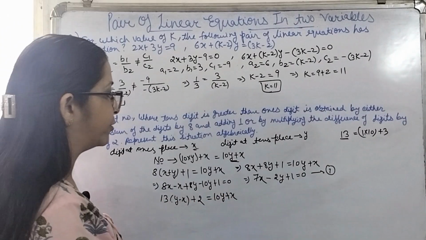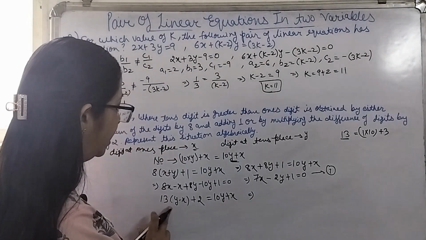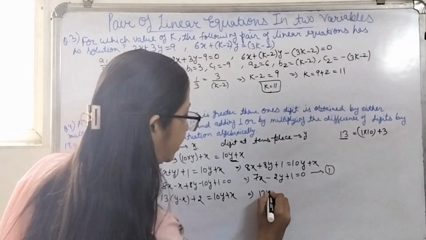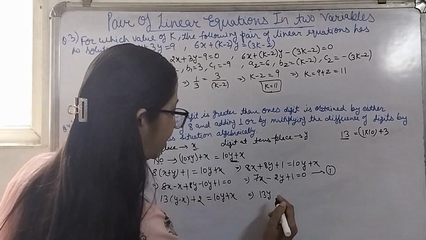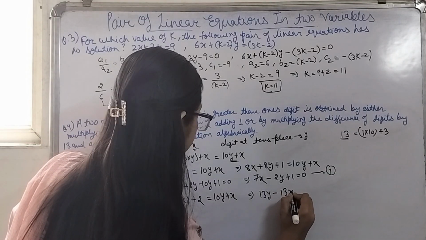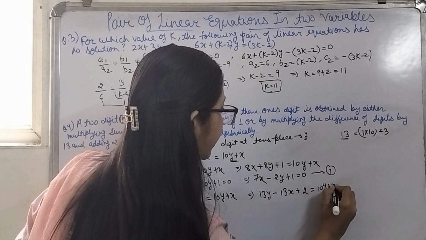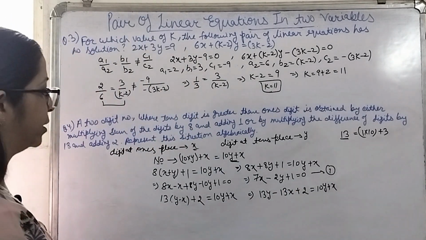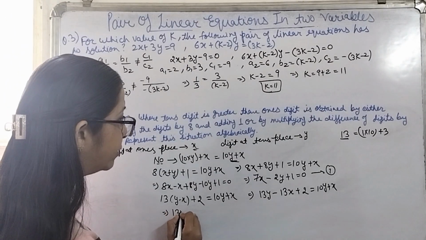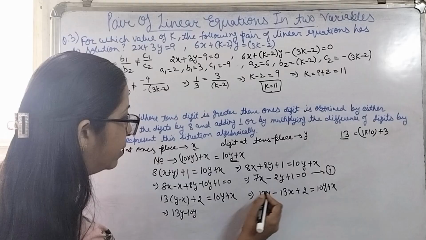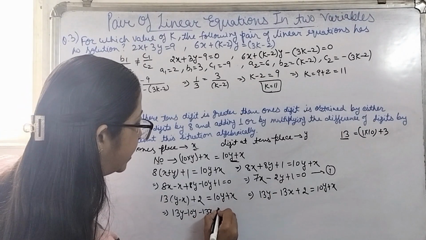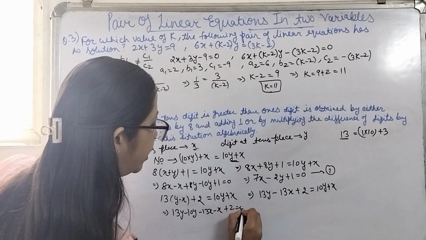Now we will solve it further. We will get 13 multiplied by y will be 13y. 13 multiplied by minus x will become minus 13x plus 2 equivalent to 10y plus x. If we solve it further, it will become 13y minus 10y minus 13x minus x plus 2 equivalent to 0.